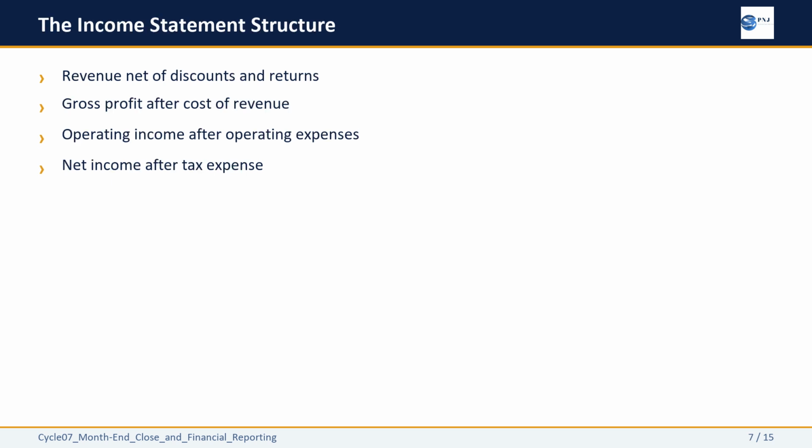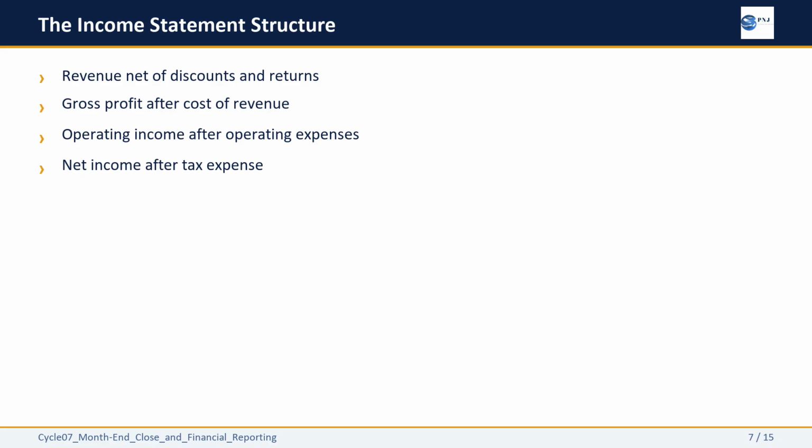Now, how did the business actually perform? The income statement, also called the statement of operations, presents revenues, expenses, gains, losses, and net income for the period. Under ASC 220, the structure flows logically. You start with revenue, net of discounts and returns and recognized under ASC 606. Subtract cost of revenue to reach gross profit.